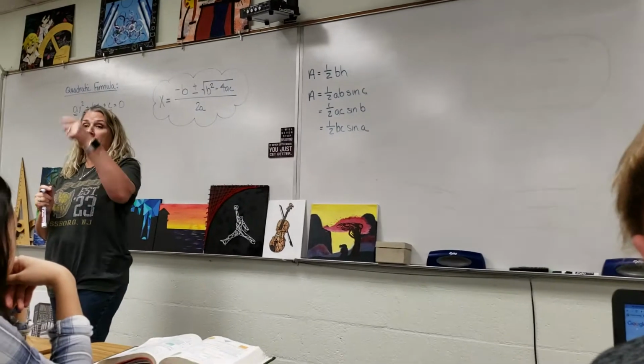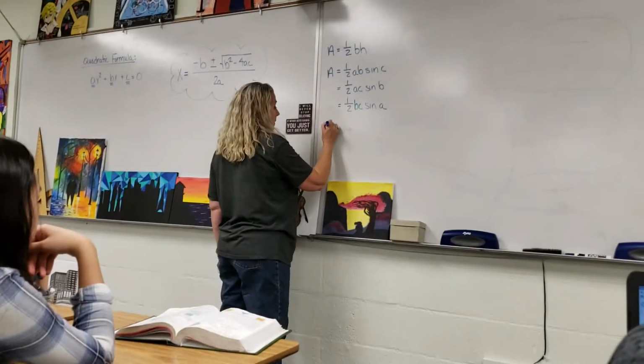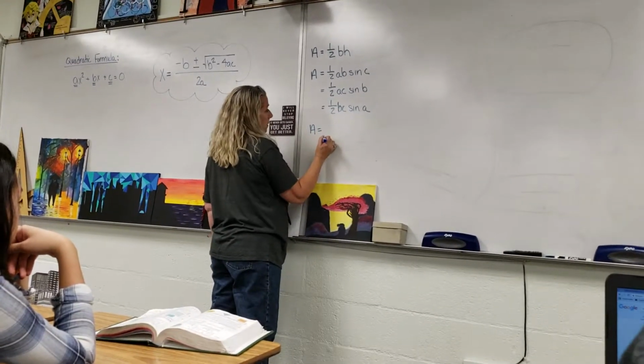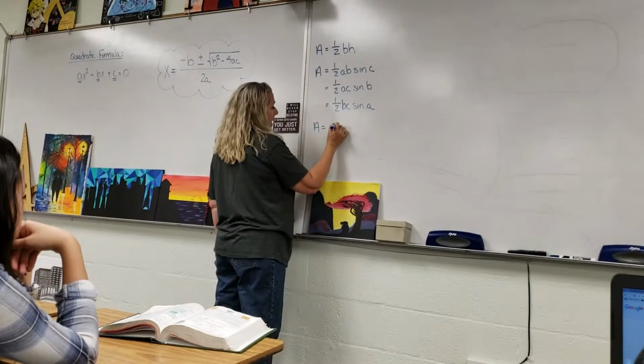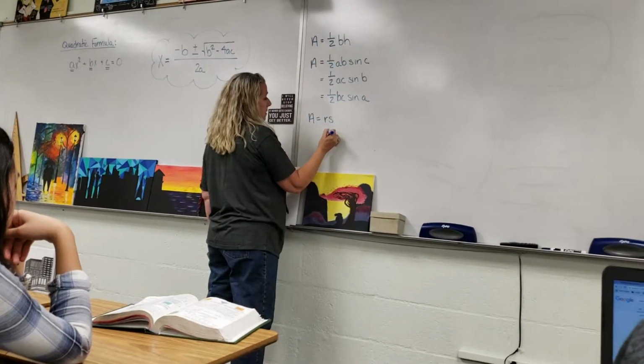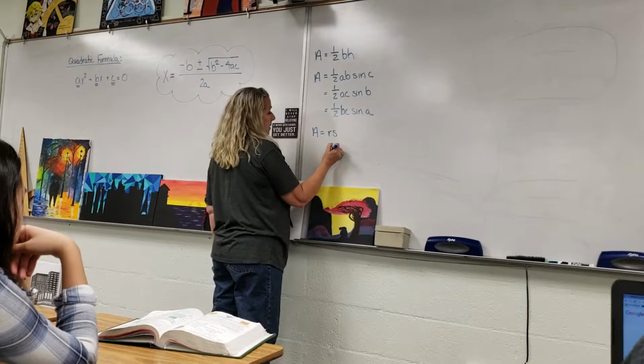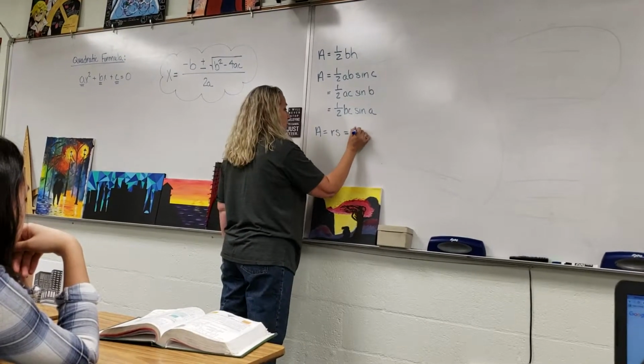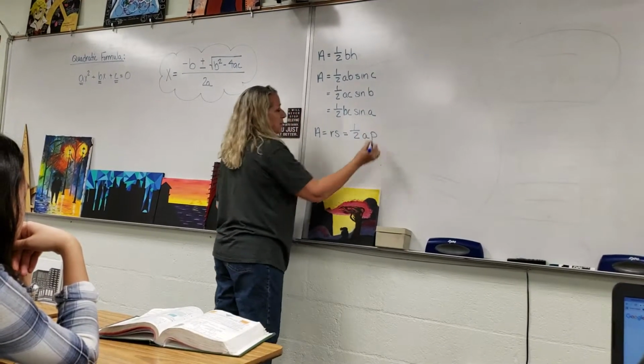And what's the last one? A equals rs, or K equals rs, the inradius times the semi-perimeter, which is the same as 1/2 the apothem times the perimeter.